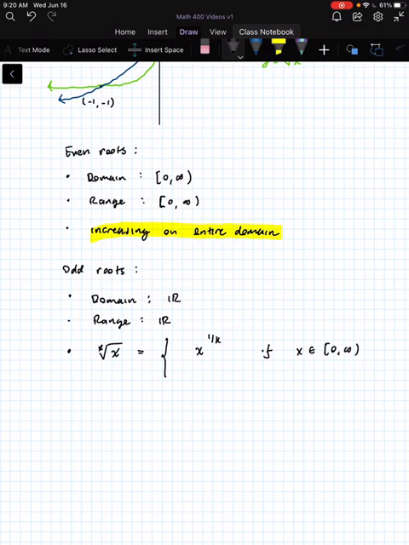You have to account for the fact that it's going to be a negative argument inside the radical. So you have negative absolute value of x to the 1 over k, and then make that negative. Yeah, it's a lot. Again, this is not something that you necessarily need to know unless you are explicitly trying to obtain a graph of an odd root function and it's not giving you the left half of the function.